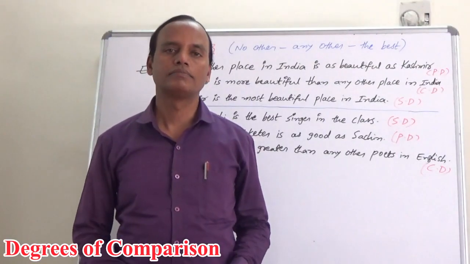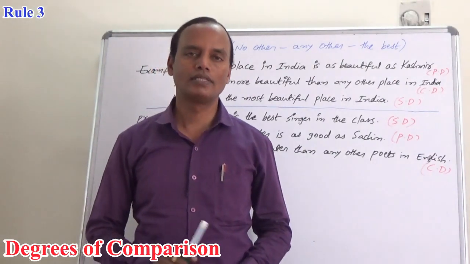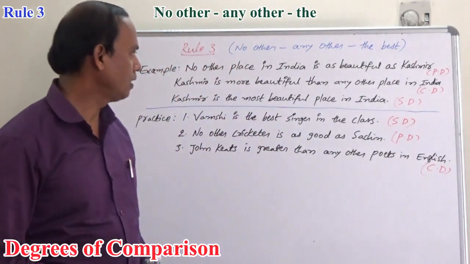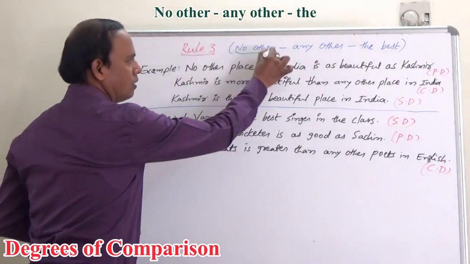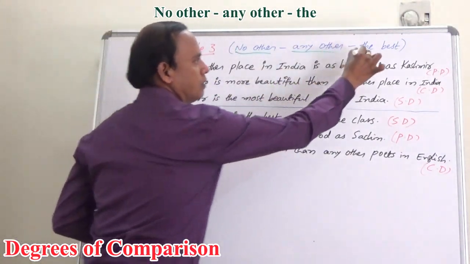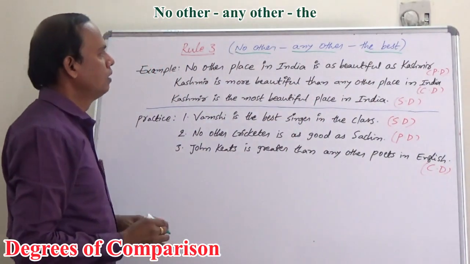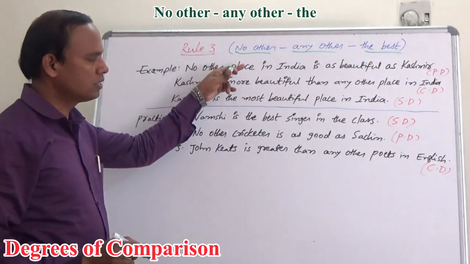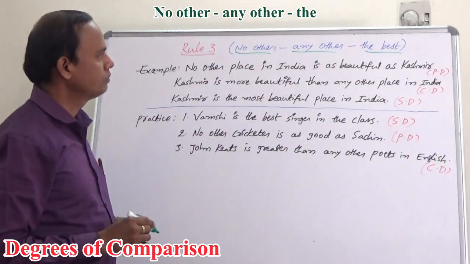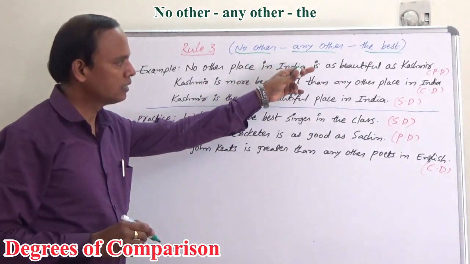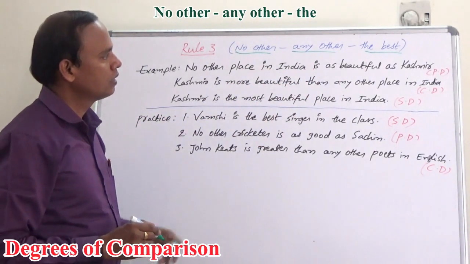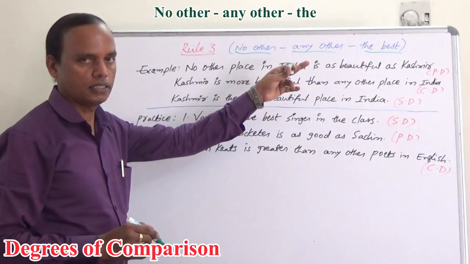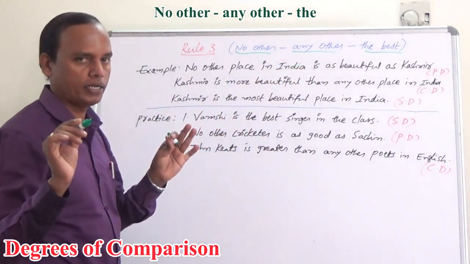Now let's move to rule 3. In rule 3, I have written here: no other, any other, the best. "No other" comes in positive degree, "any other" comes in comparative degree, and "the best" means superlative degree.